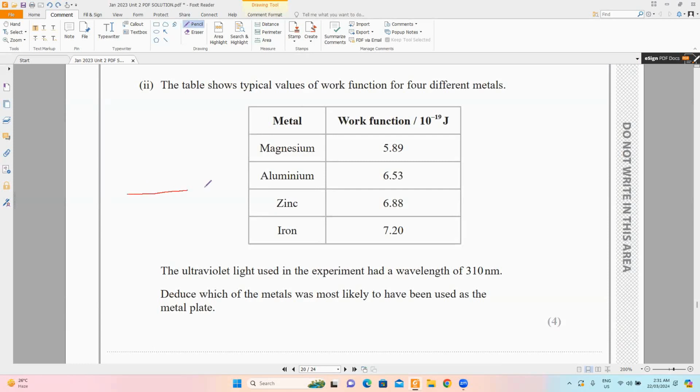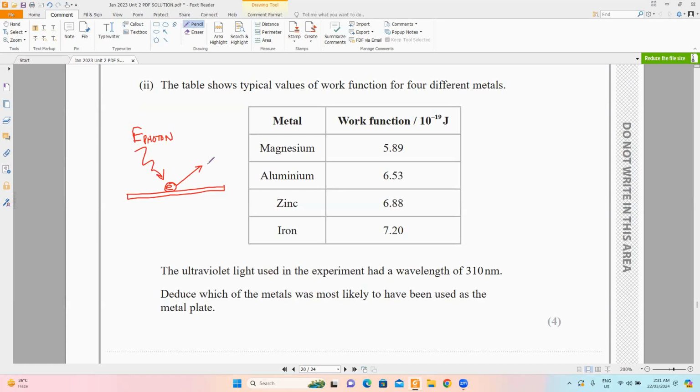So if you get a very basic idea of the photoelectric effect. What happens in the photoelectric effect is you have a metal surface and there is an electron on the surface. A photon comes in. If the photon energy is greater than the work function of the metal, the electron is dislodged, electron is emitted, and it is emitted with an energy.